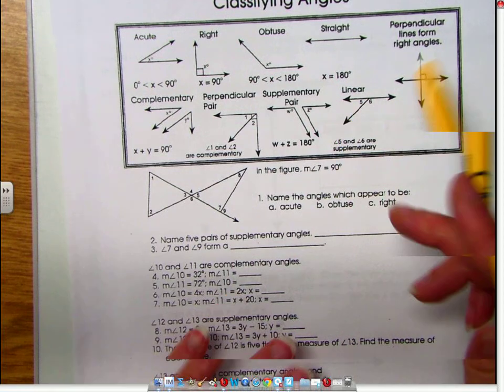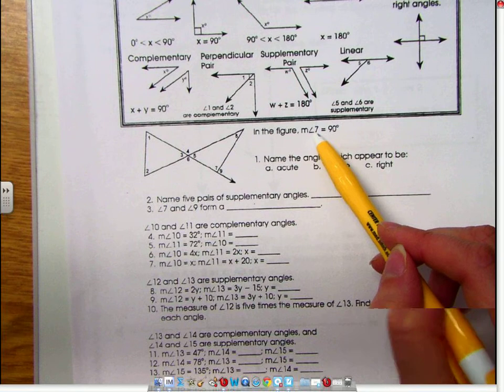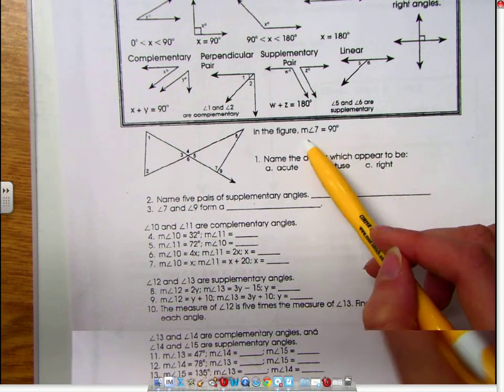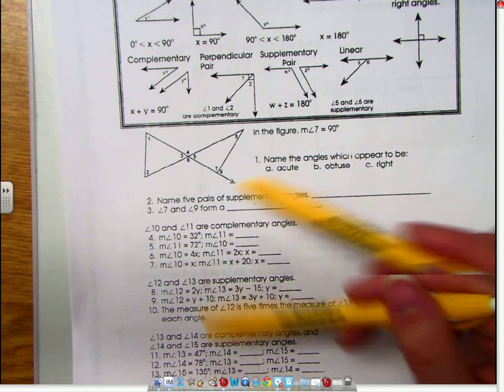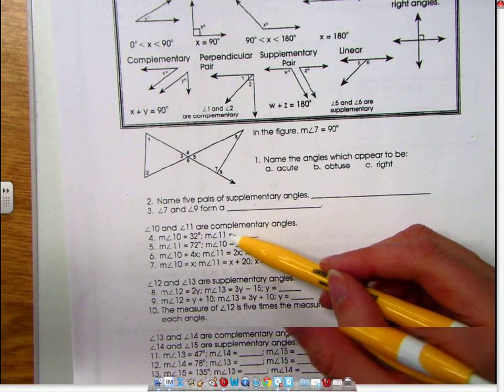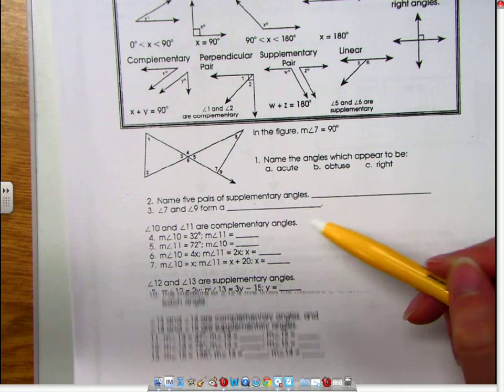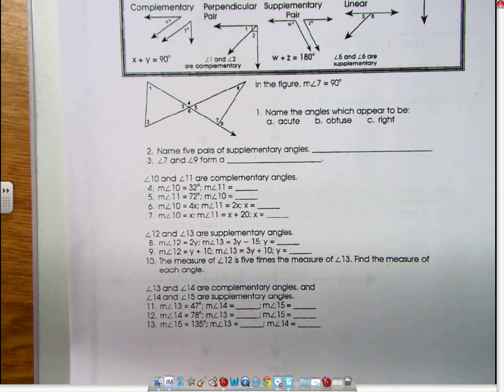Okay? In the figure, measure of angle 7 is 90, and you're going to name the angle which appears for all of these. Okay? You're going to figure out if they're complementary, what the other angle would be. If they're supplementary, complementary, and supplementary. Okay?